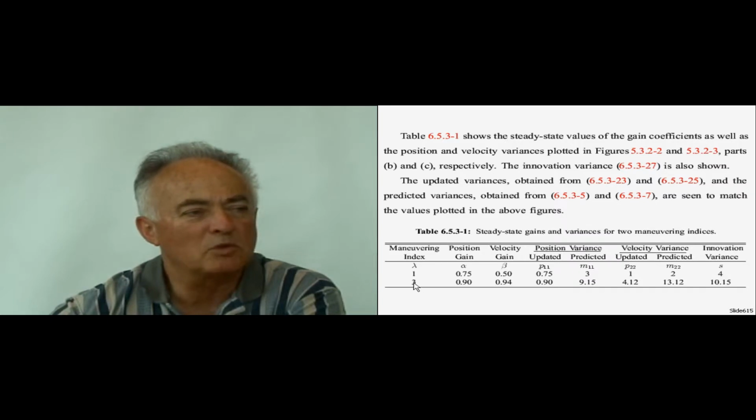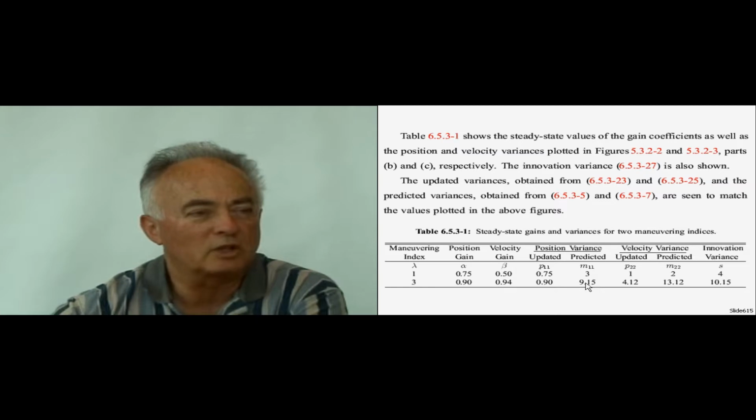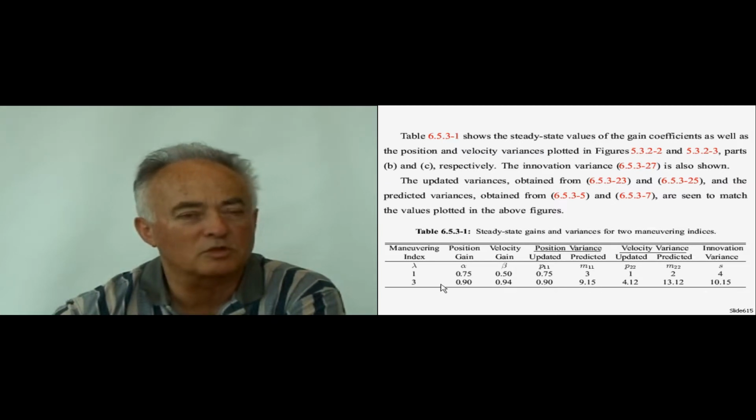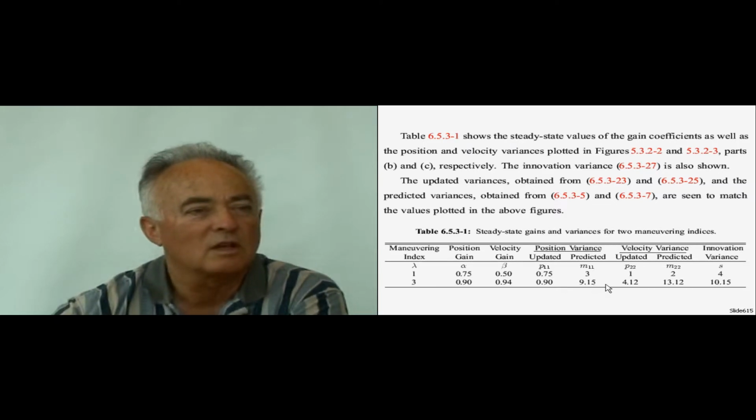And for the high maneuvering index, you can see the gain is higher, in position is 0.9. The steady state position variance is same, 0.9. But now there's an even bigger jump in the predicted position variance, one step to the next. That's because the process noise had a variance of 9. So this is 9.15, and velocity variance again is significantly larger.